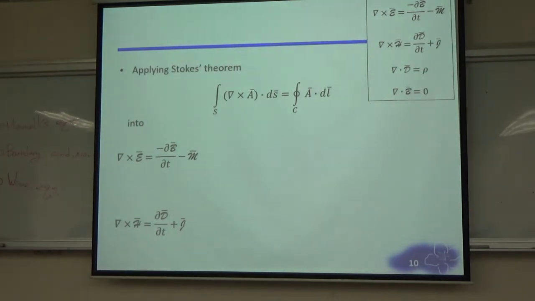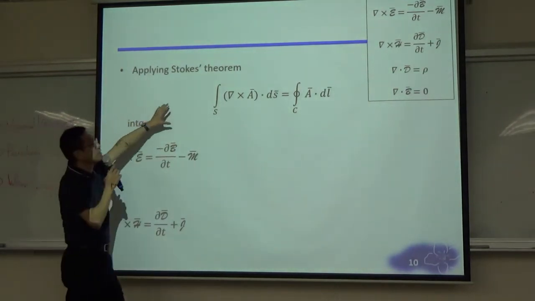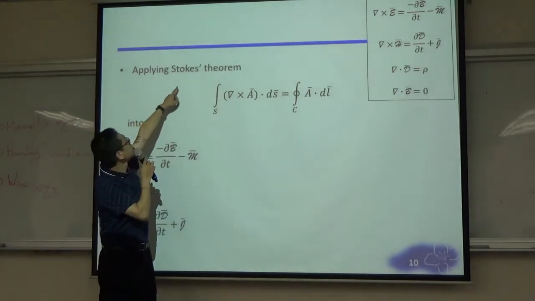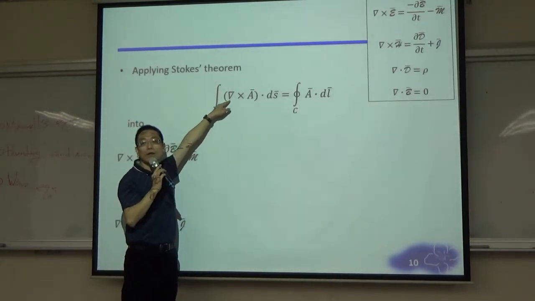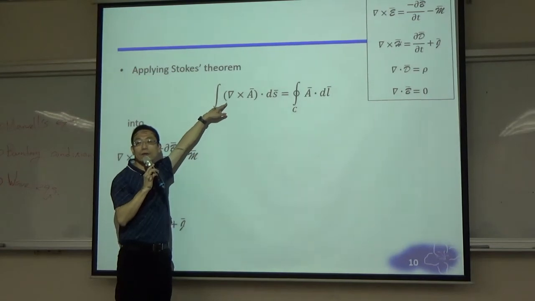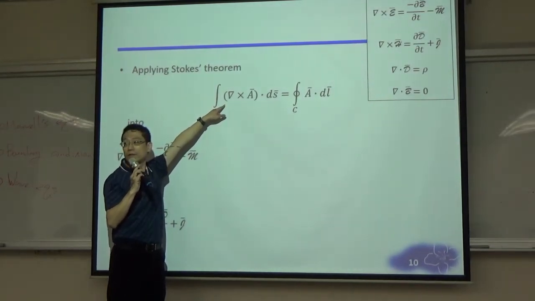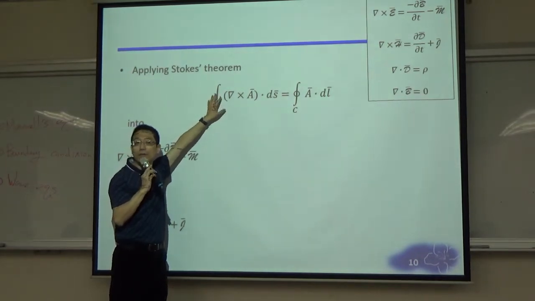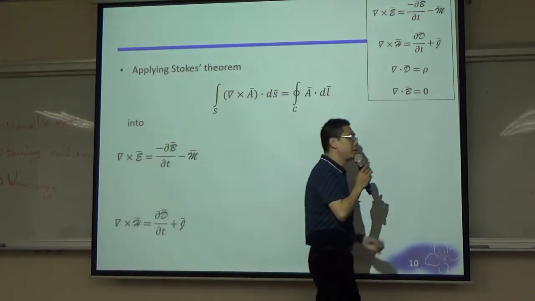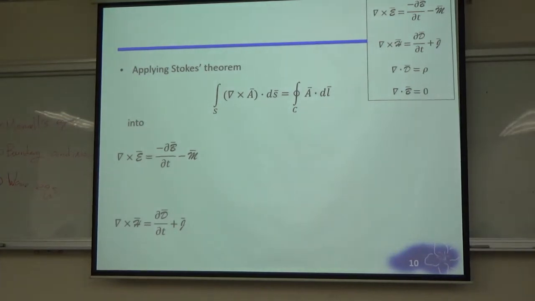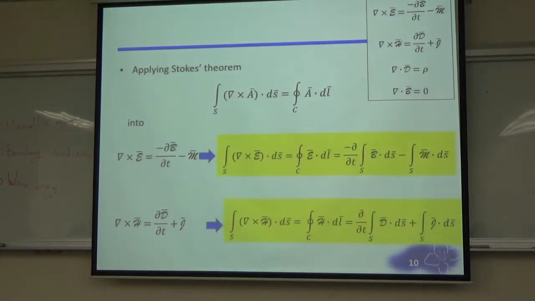This time you apply this. This is the Stokes theorem. You can also find this equation in your appendix. Okay? If you apply this one, you can obtain these two equations.